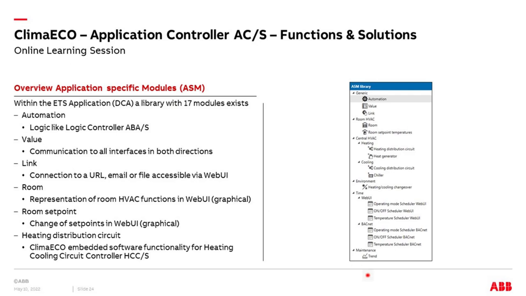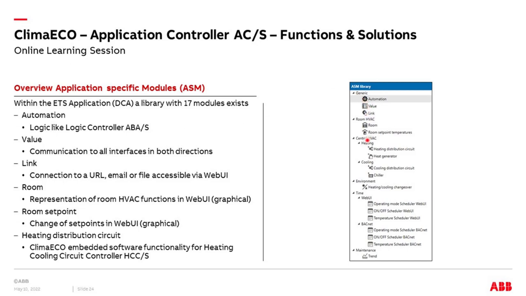Yeah, let's come to some more details, not of all, but of some of these ASMs, application specific automation module. Yeah, a very heavy word, but take ASM as the abbreviation. And as mentioned, we have the automation. There's one ASM on top for logic, like the logic controller.